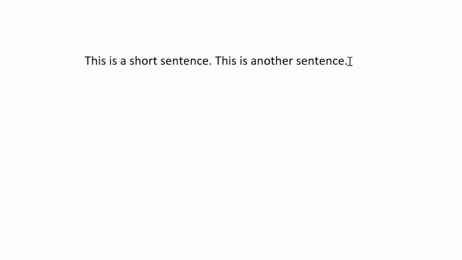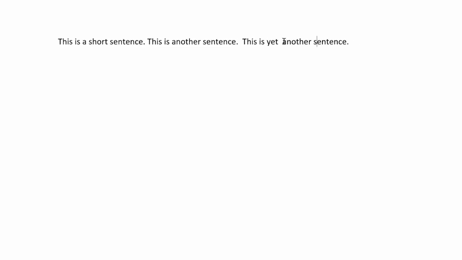But if I try and take words and put multiple spaces in between, it should actually complain to me that I've got 2 spaces here. This is not what you do to separate words. You use 1 space in between. The only place you can use 2 spaces is between sentences.